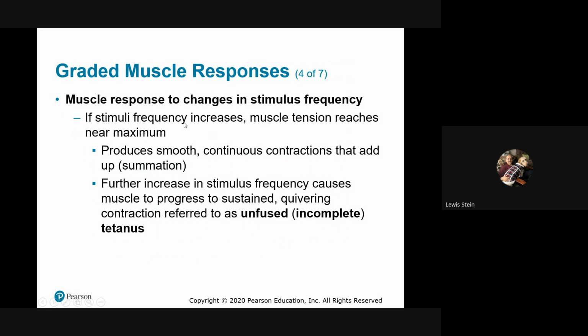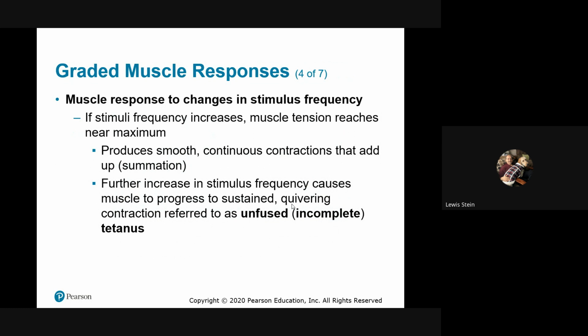Now, if the stimuli increase yet again, near maximum, smooth, continuous contractions, the word we use is summate. So at that point, if we continue to make them faster, we can progress the muscle to a sustained quivering referred to as unfused or incomplete.